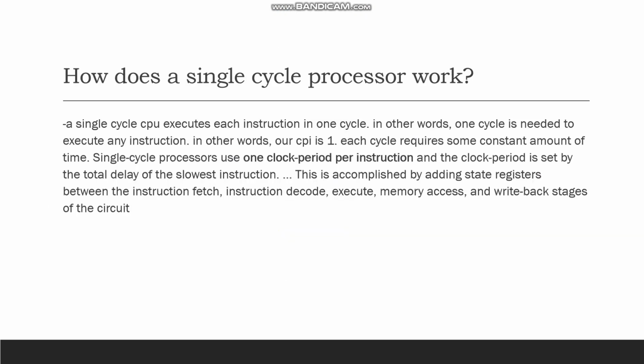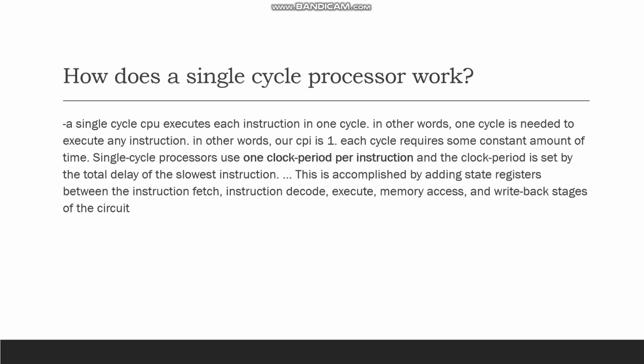How does a single cycle processor work? A single cycle CPU executes each instruction in one cycle. In other words, one cycle is needed to execute any instruction, so our CPI is 1. Each cycle requires some constant amount of time.